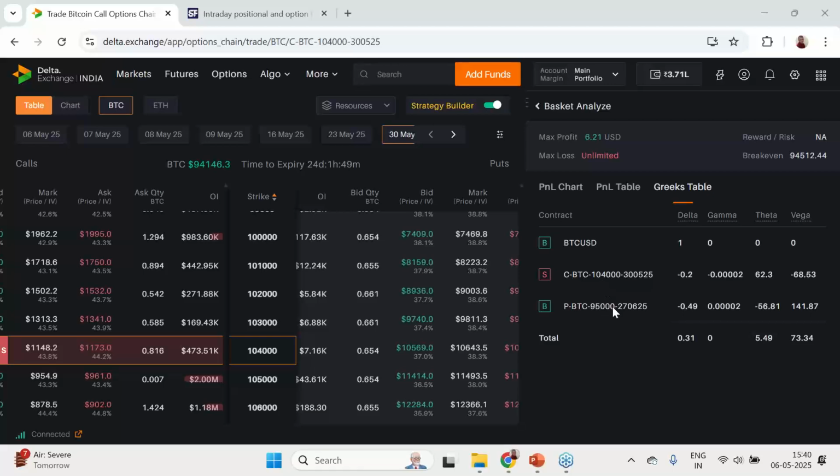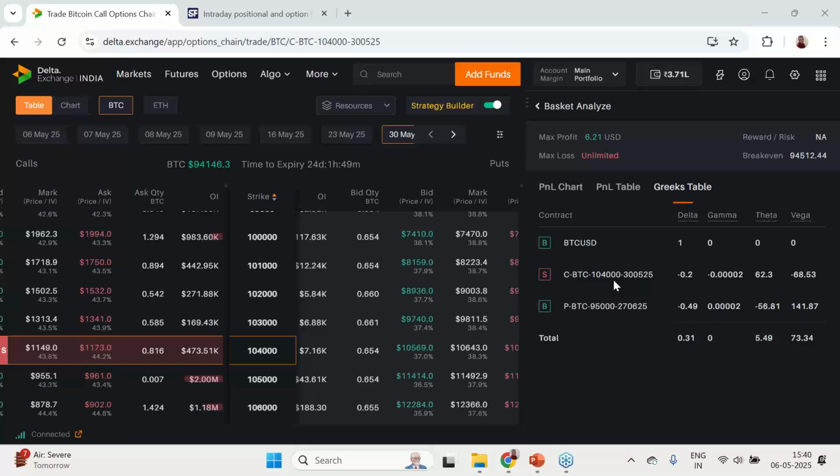The put option purchase is the longest available expiry and the call option sell is the shortest available expiry. Both are monthly options. So this is what we have done.